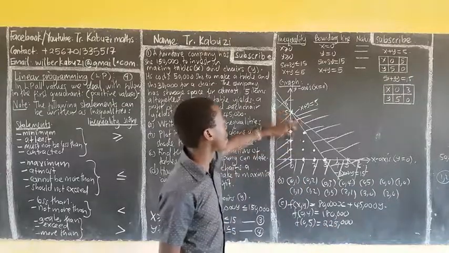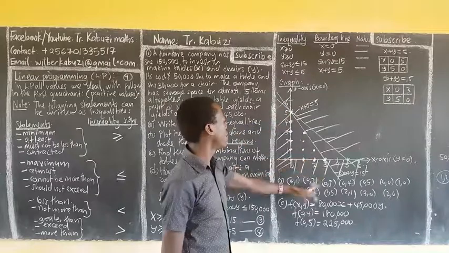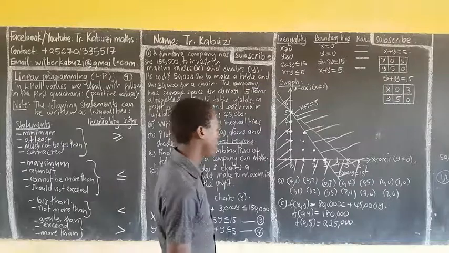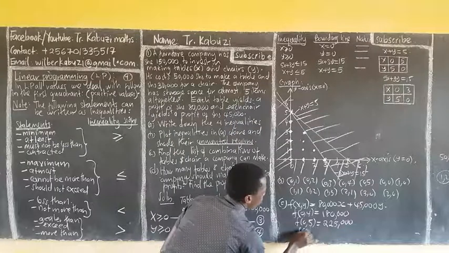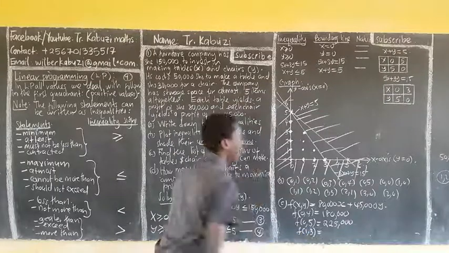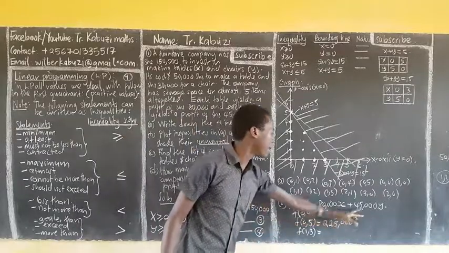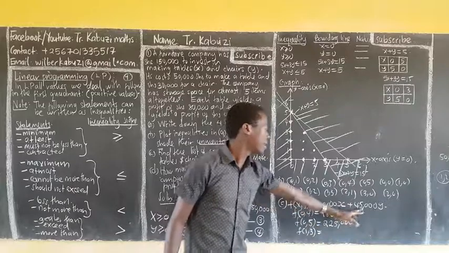Now let us test also. Of course, this one can't give you a value bigger than that. Let me also try 1, 3. When you try 1, 3, we have 80,000 plus 3 times this.